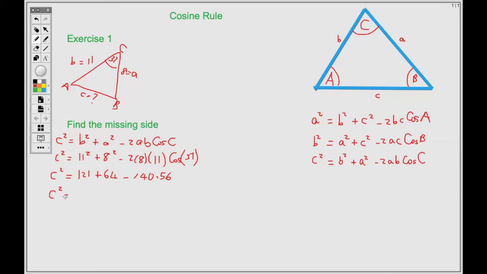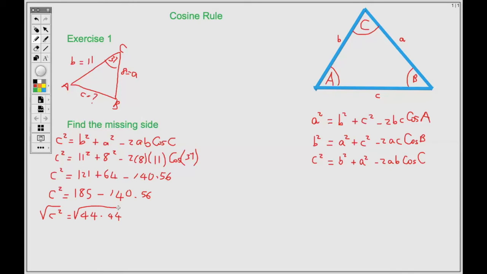Now the second to last thing is to subtract. So I have 121 plus 64, that gives me 185, minus 140.56. So I have c squared is equal to 185 minus 140.56, which is 44.44.